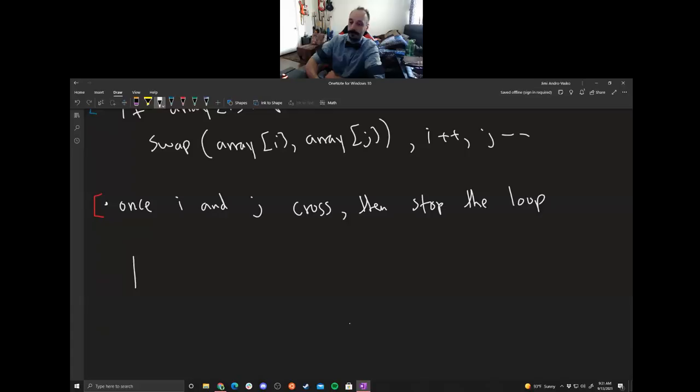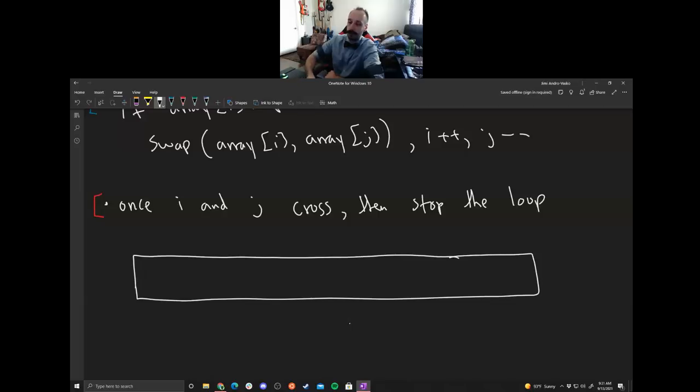So we have the following array like this, and we have our L index and our R index, and a pivot will also be here as well. Pivot's always to the left. And what's happening is, I'm going to use blue for I and red for J. So let's say I is over here, then all these elements here are less than the pivot.